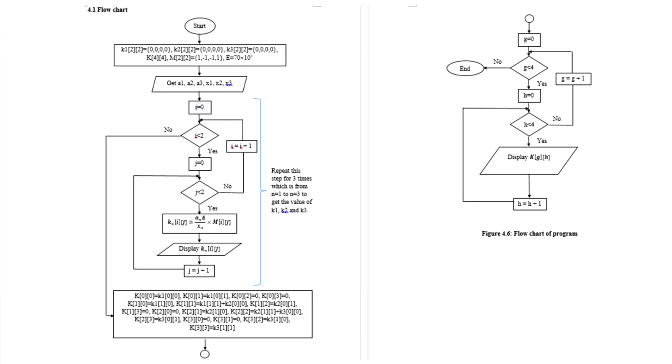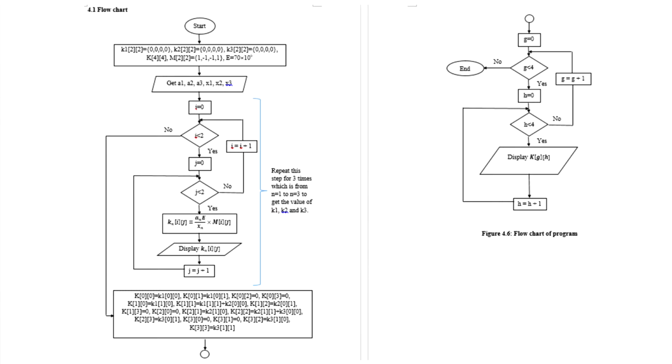Then we will continue until the loop reaches the limit, and after both i and j limits are reached, we can jump to the finding. Just now was to find k1.